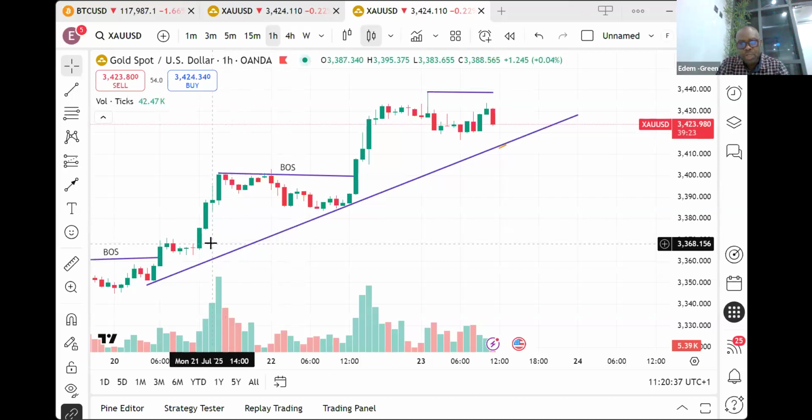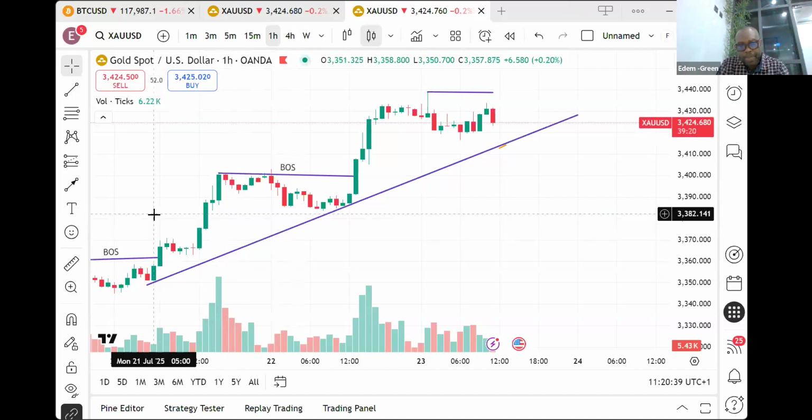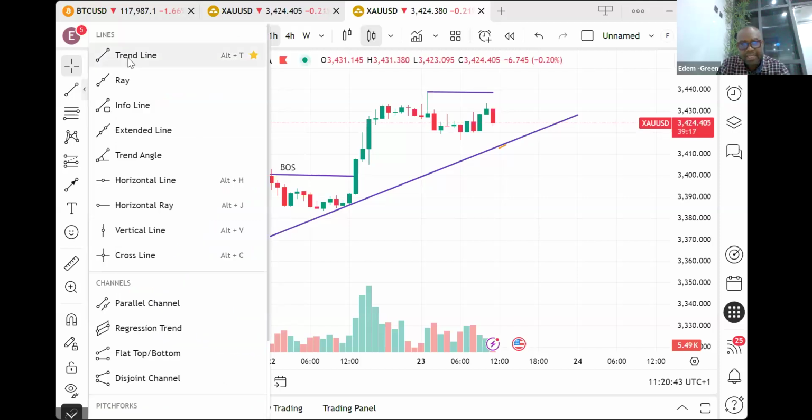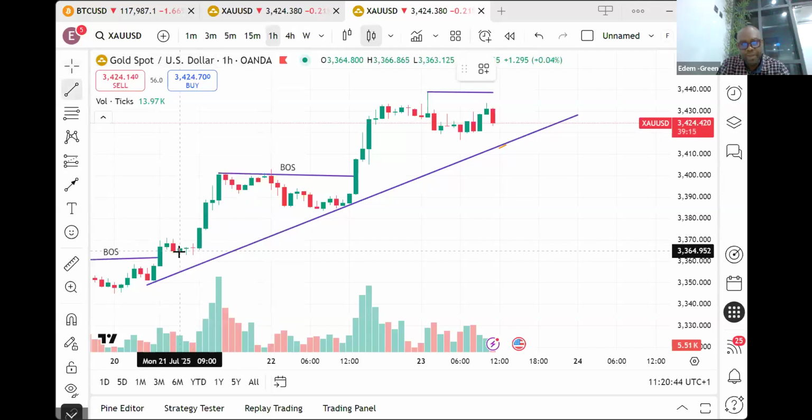So for me, I want to identify a fair value gap manually using my trend line. I use my trend line to mark. I want to come to this side that is very visible so that we don't need to squeeze our eyes.